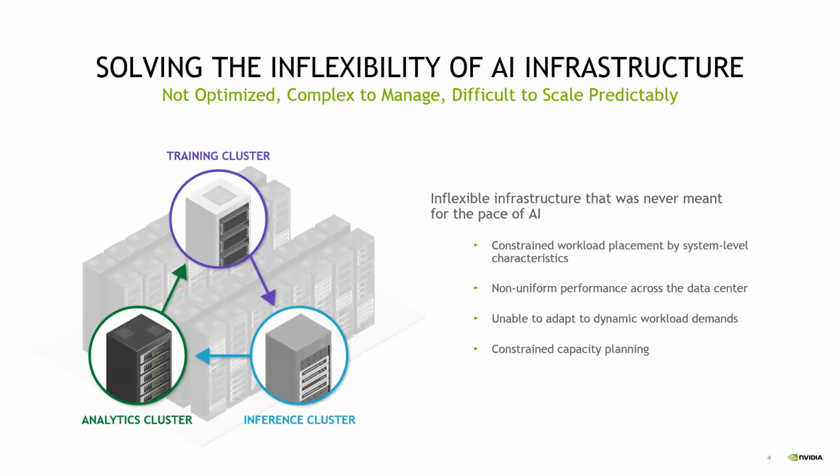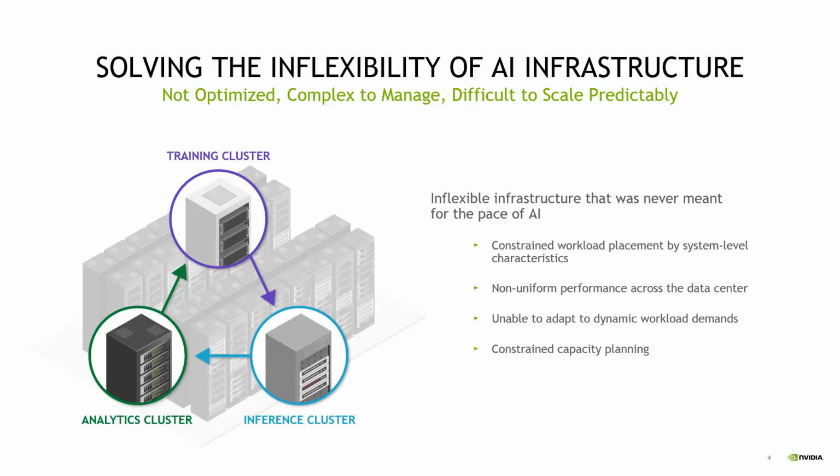So majorly your AI data center or infrastructure would be divided into these three parts. So it was not fully optimized. You would not get good throughput: after training you want to port everything to the inference cluster, and if the inference cluster is not performing well, you want to go back to the training cluster and train again, then come back to the inference cluster. So there was this inflexibility problem in the AI infrastructure.